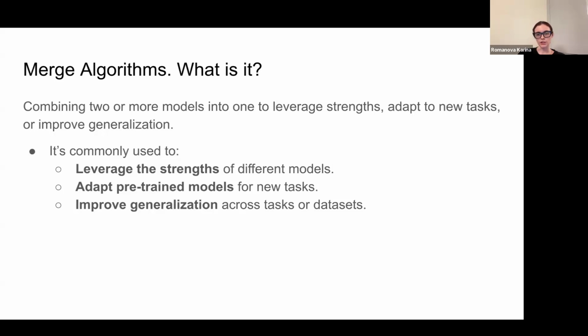However, unlike traditional ensembles that maintain separate models, merge algorithms integrate the parameters or outputs of models to form a coherent unit. This integration can occur at various levels, such as combining model weights or blending outputs, and it's designed to enhance generalization, reduce overfitting, and improve robustness.